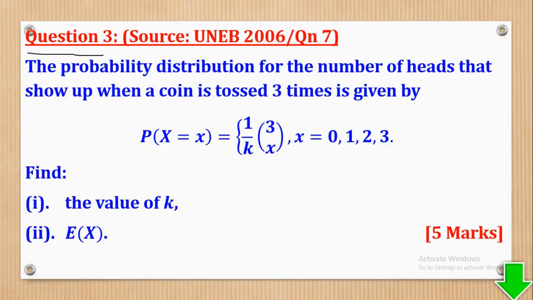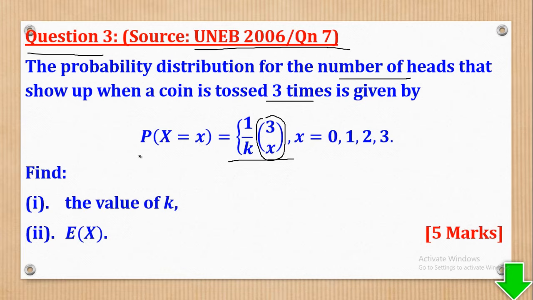Now we shall go to question 3, which came from UNEB 2006 paper 2 question 7, and says the probability distribution for the number of heads that show up when a coin is tossed 3 times is given by this function, 1 over k. Now this symbol usually disturbs students. Some students think this is the symbol for vectors, but this is not a symbol for vectors.